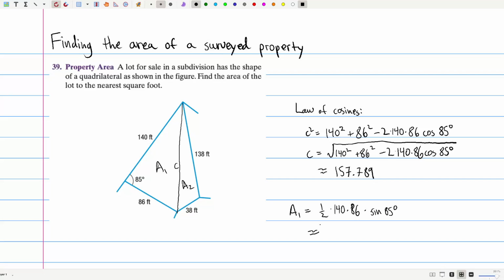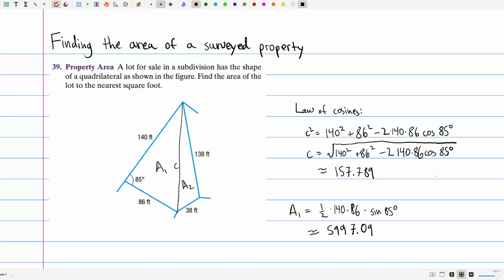Let's punch that into a calculator. So 0.5 times 140 times 86 times sine of 85 degrees is about 5997.09.